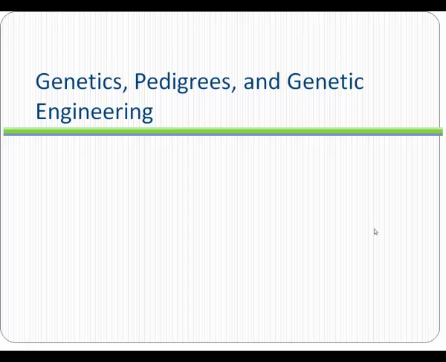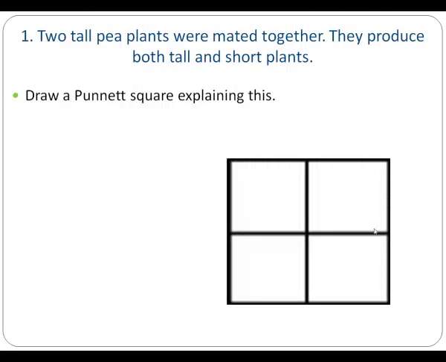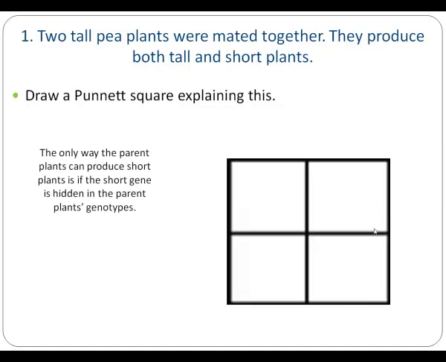Next section is about genetics, pedigrees, and genetic engineering. If I have two tall pea plants that are made together, they produce both tall and short plants. So I need to make a Punnett square explaining this. The only way that a parent plant that is tall can produce a short plant is if the short gene is somewhere hidden in its genotype.